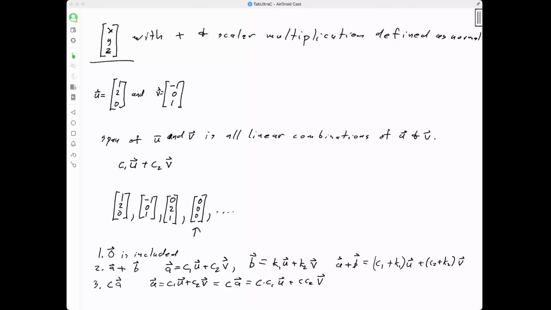But C times C1 is just a number, and C times C2 is just another number. So this is also in that subspace, which means that the span of U and V is, in fact, a subspace of my original vector space. So this is how we can check that something is a subspace.